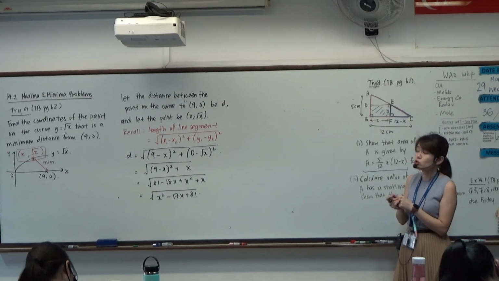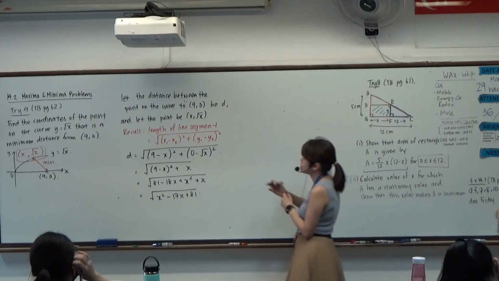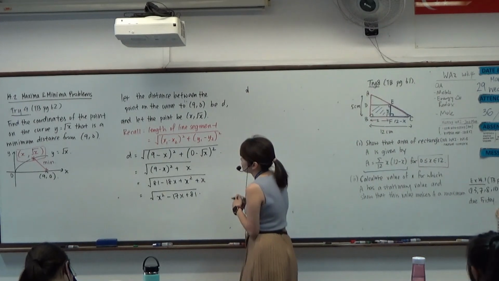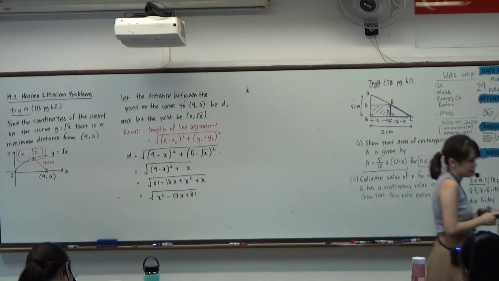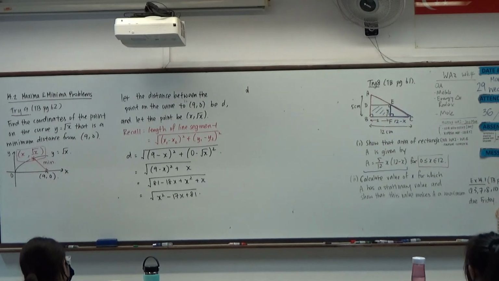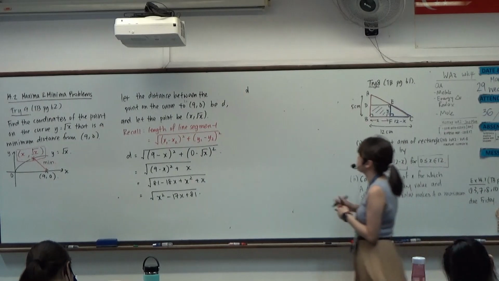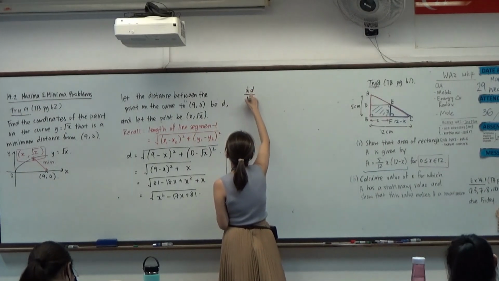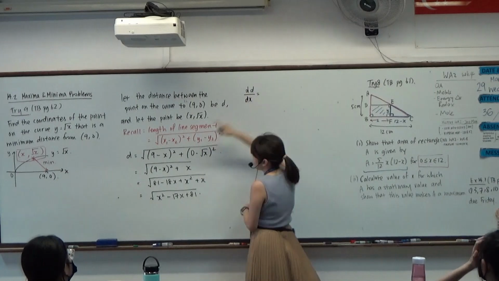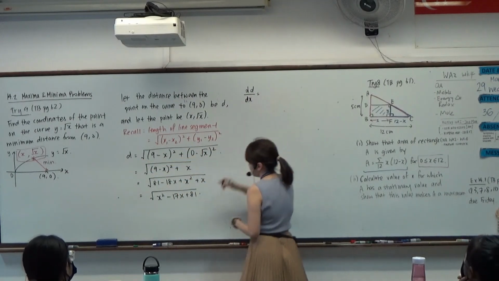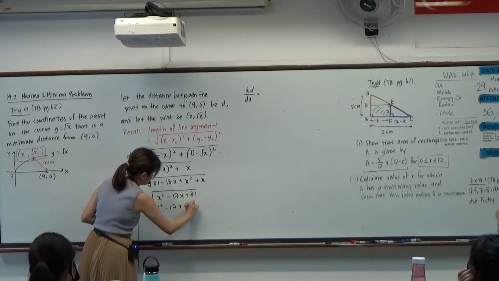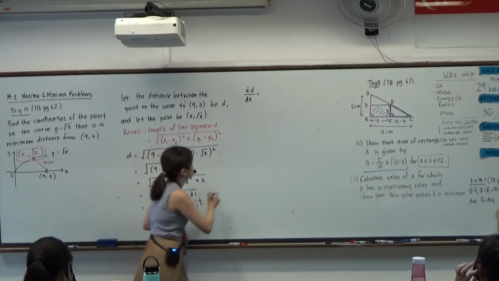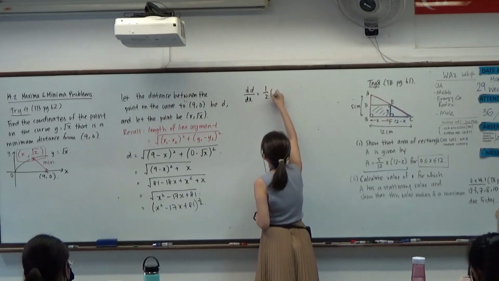We want this distance to be a minimum, so I find the stationary point first. Maybe I shouldn't have chosen this method, now that I think about it. Never mind, we shall do dd over dx. So we're differentiating this. To help us, let me re-express it in power of half, so bring down the power.